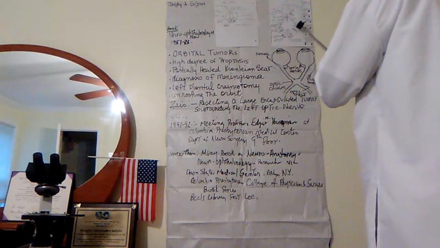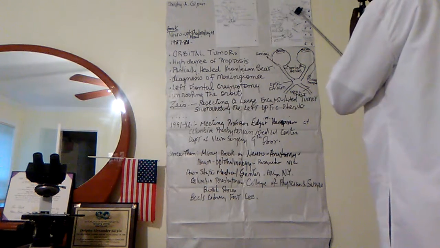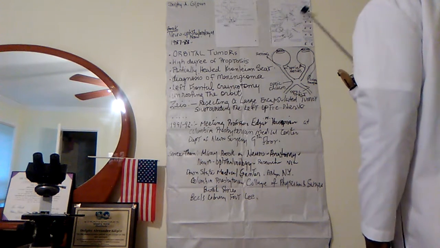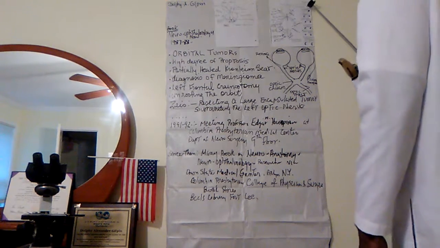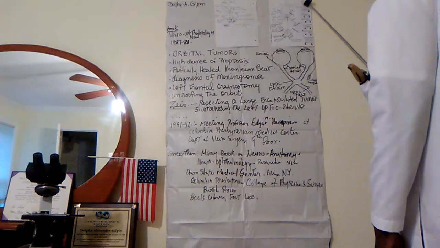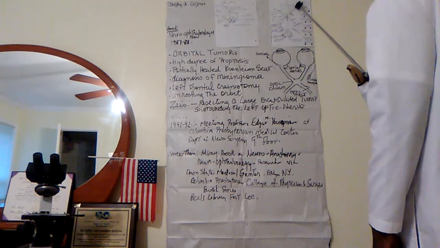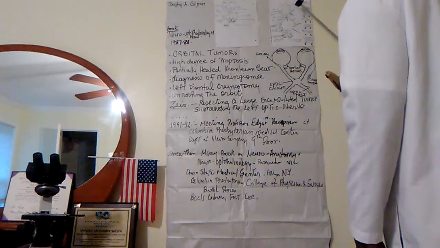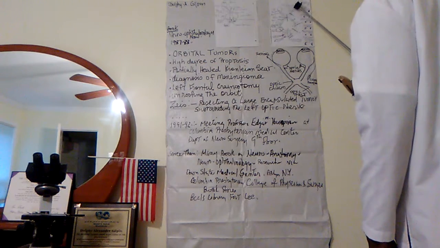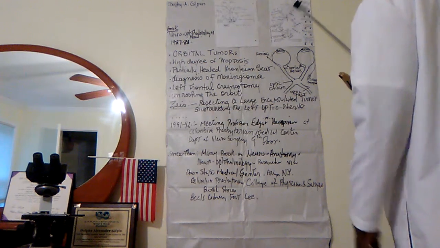And on the right side here, we added A, B, C, D to K, and we described the visual field. This was the visual field effects. And we had A here, just a little bit right of the retina.